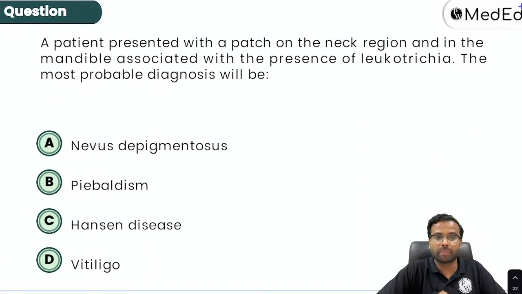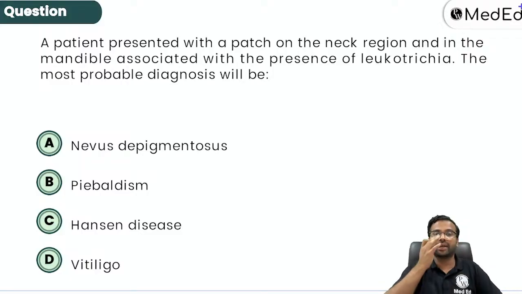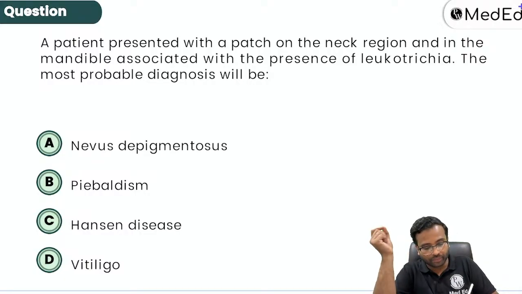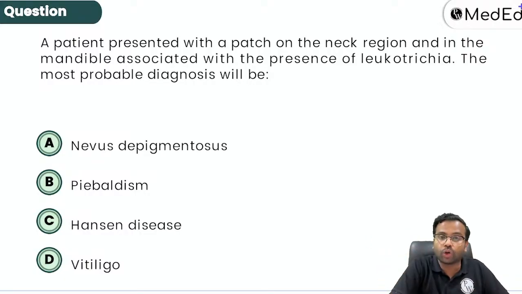Moving to the next one, a patient presented with a patch on the neck region and in the mandible that is associated with the presence of leukotrichia. Okay. The most probable diagnosis?